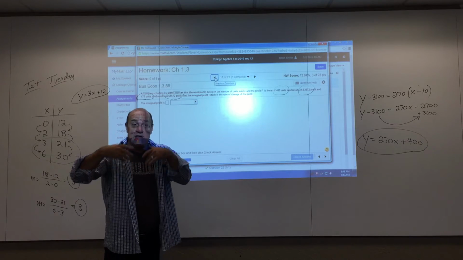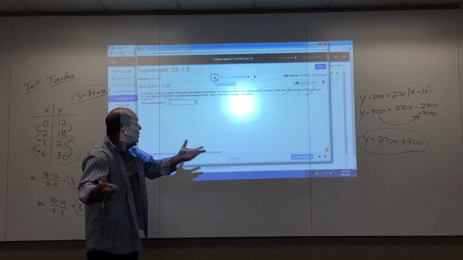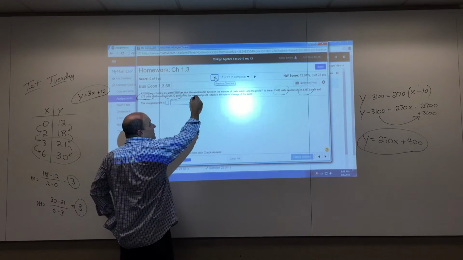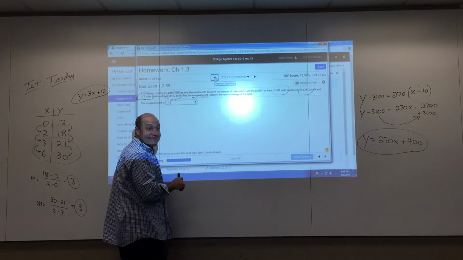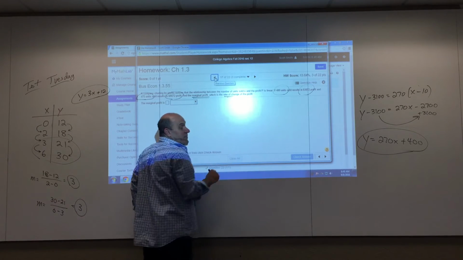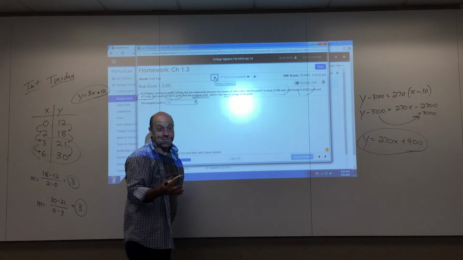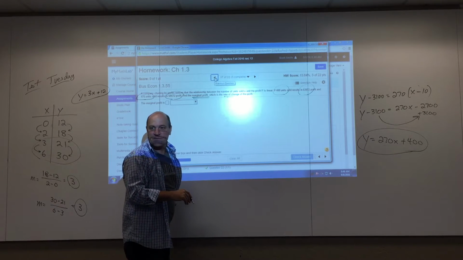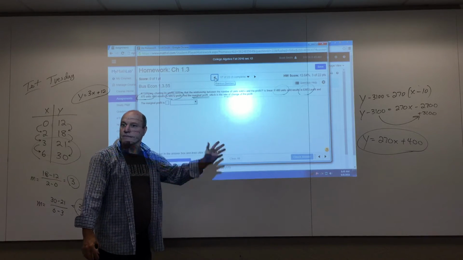And if you've got 2 points, you can calculate the slope. But look what they asked for. They asked for the marginal profit. But then they tell me what that is. It's the rate of change of the profit. And we know what rate of change is. Slope.